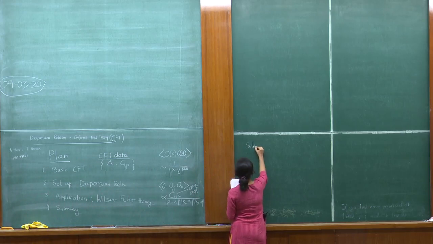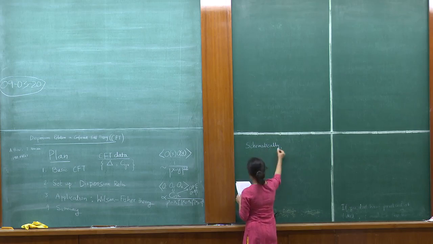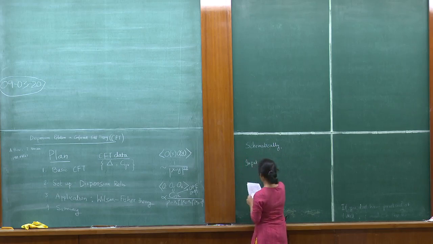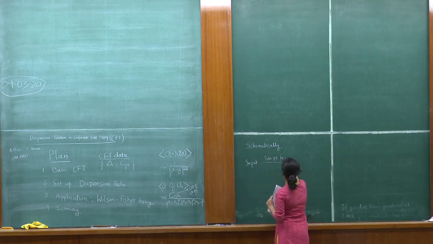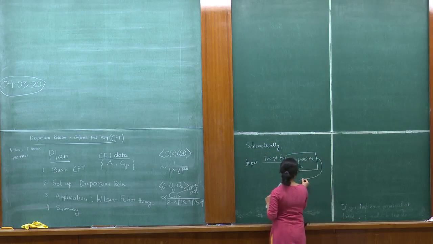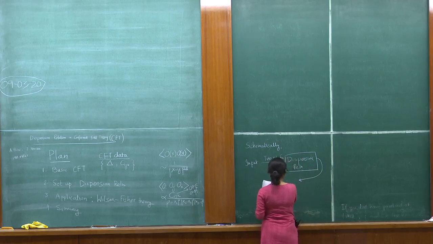So, schematically, it means that if we take this input of the 2-point function, which is the input for the deltas, and use the dispersion relation, then the output will be the 4-point function.